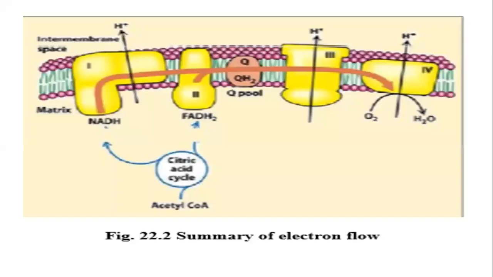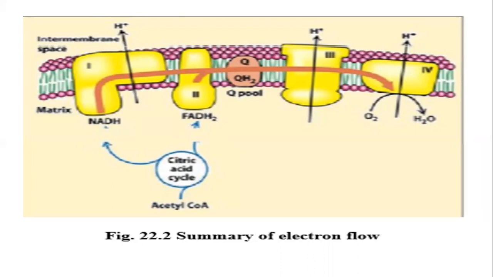Now let us see a summary of electron flow by this diagram. Process of electron transport in mitochondrial membrane. In the mitochondrial inner membrane, we have four different complexes of protein, as we have already discussed, which are embedded and involved with the task of electron transport and ultimately converting it to water at the end by attaching with oxygen molecule, as you are looking at in this diagram.